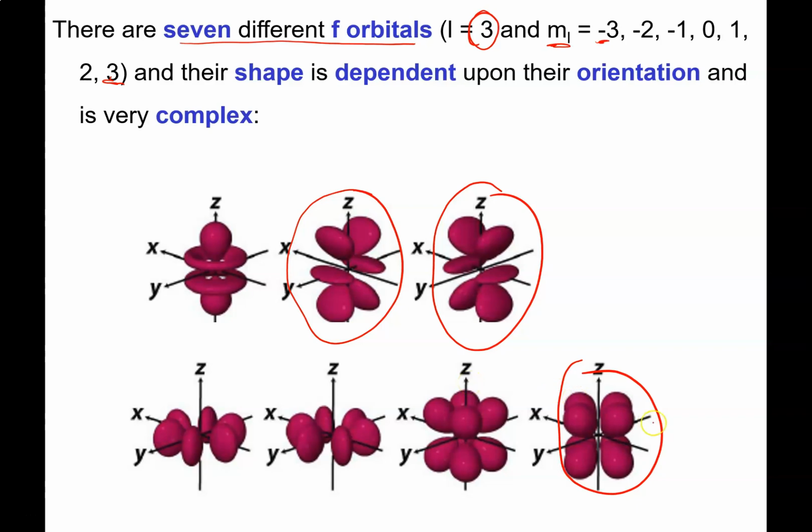Most of them have these 8 lobes that is characteristic of an f orbital. But again, you can easily tell the difference from a diagram between an s, a p, a d, or an f. Now, you don't need to be able to draw these, but you do need to be able to distinguish whether an orbital is an s, p, d, or f.